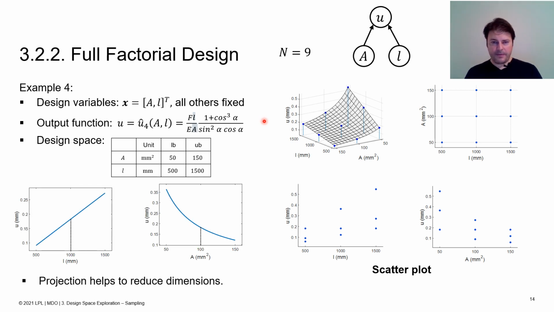And I would like to make a connection also to what we previously saw. These here are plots where, for a fixed cross-sectional area, we looked at the change of the displacement with respect to the base length L, but only for one cross-sectional area value.